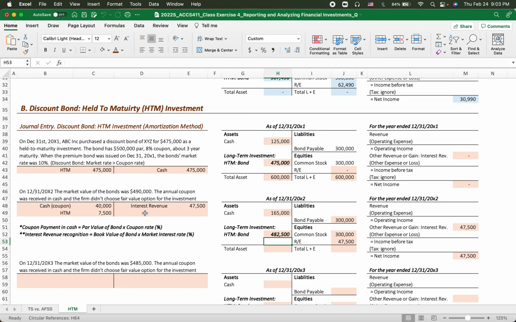Where is the 7,500? This 7,500, the unpaid interest, should be added to the bond here, from 475,000. Then the bond's initial investment is now increased to 482,500, and at the end of maturity, this bond's cost will reach $500,000, because $500,000 is the par value at which the bond issuer will return to the investors, not $475,000.